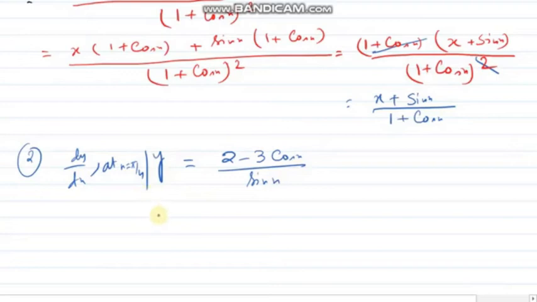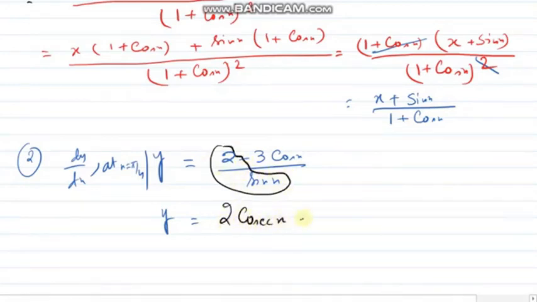What you will do first is simplify and write y equals, if I take this one, 2 divided by sin x, that will be 2 cosec x, minus 3 cos x by sin x, that will be 3 cot x. Correct?